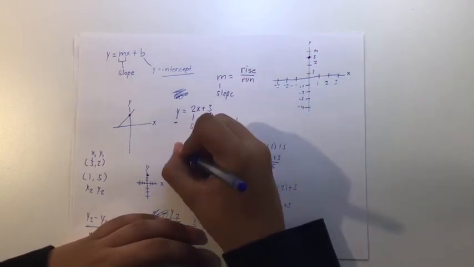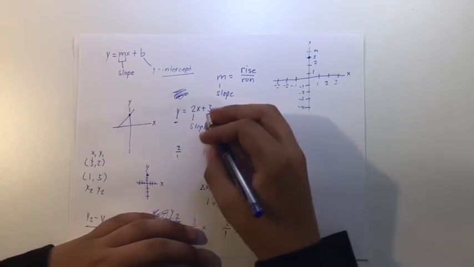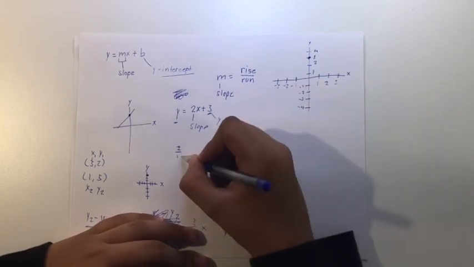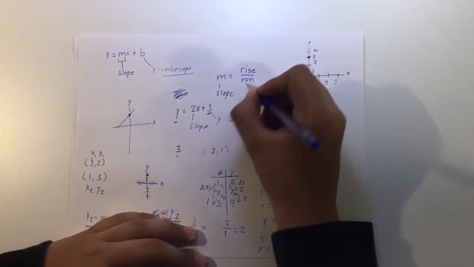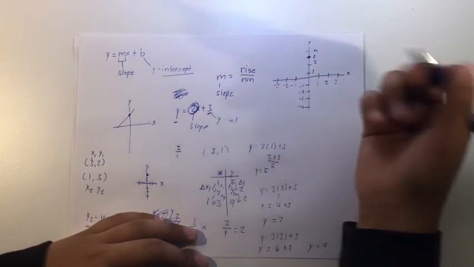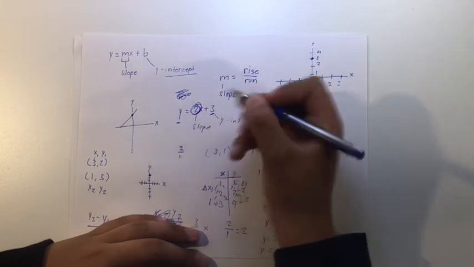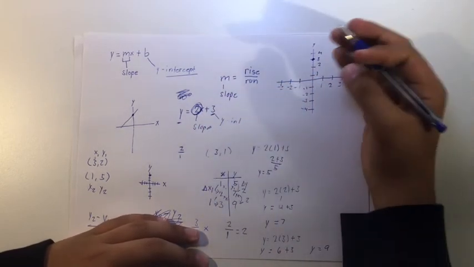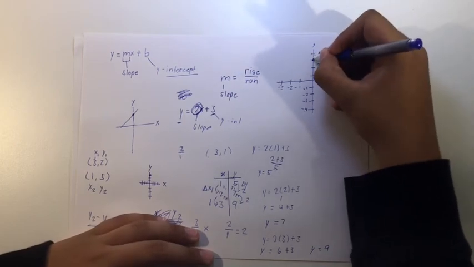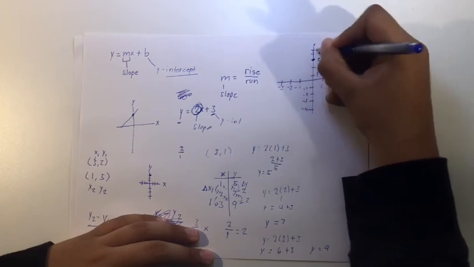The slope is actually a fraction, 2 over 1, which evaluates to 2. In this case, the rise is 2 and the run is 1, because m equals rise over run. So you would rise 2, 1, 2, which goes a little higher than our coordinate plane, all the way to 6.